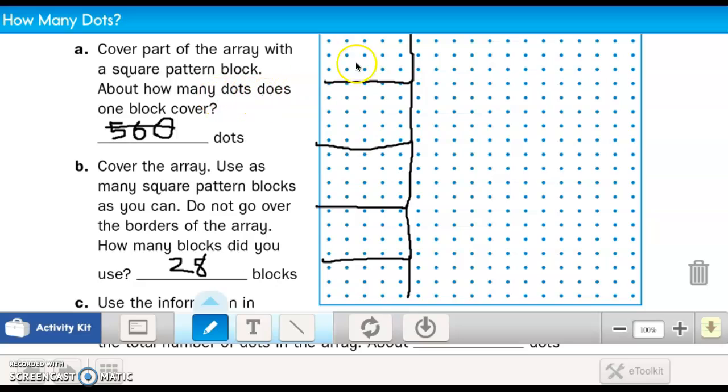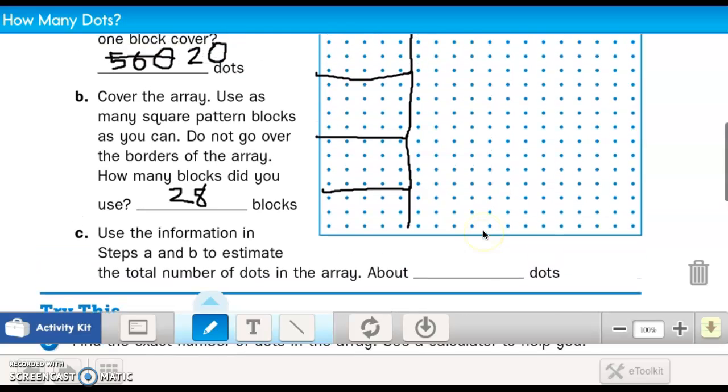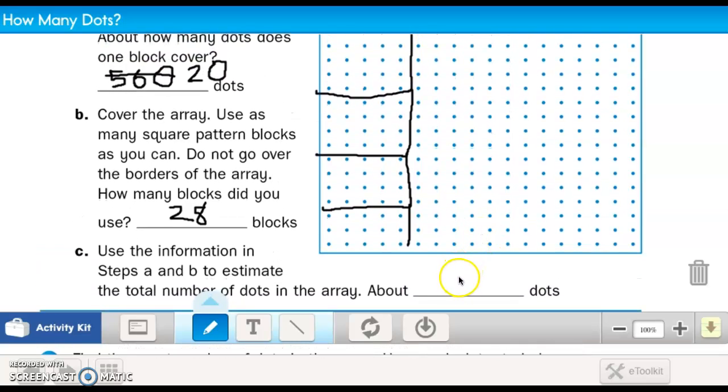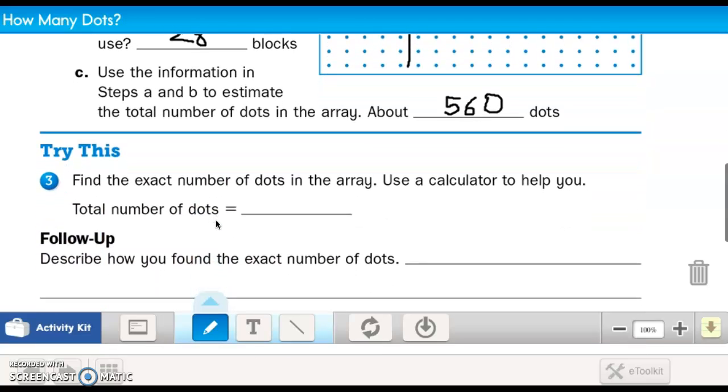How many dots in each box? 20. 20 dots in each box. I'm getting ahead of myself. And then down here it says about how many dots do you think there are. That's where we put the 560. So there's 20 dots in each box, and there's 28 boxes. So we're going to estimate that there's 560.